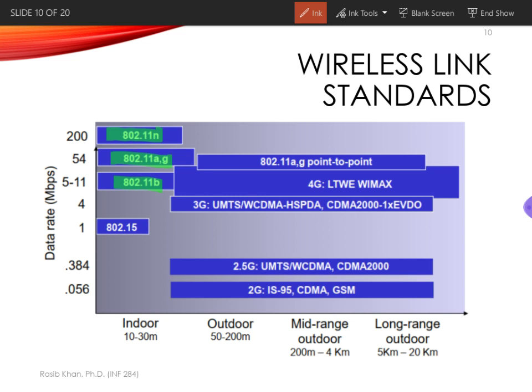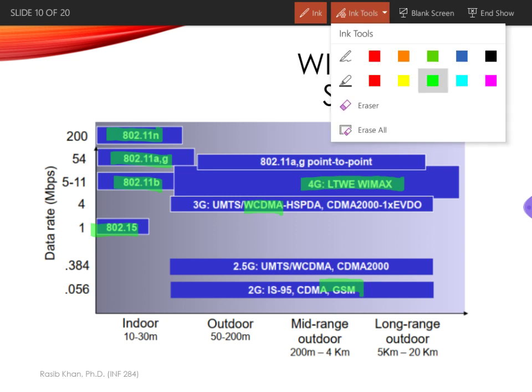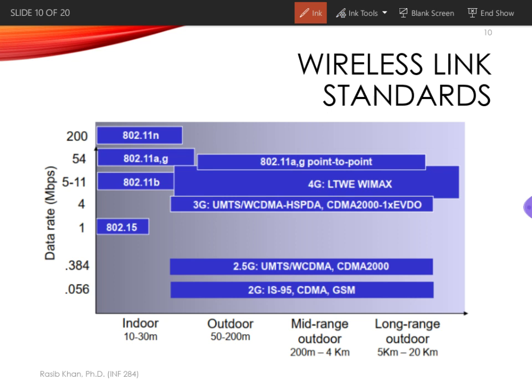wireless links. There's also the 802.15 and some other versions as well, where you can also see WiMAX, the CDMA cellular network and GSM cellular network, all of these others. And if you look at the comparison of these different wireless links, the y-axis is showing the data rate in megabits per second.